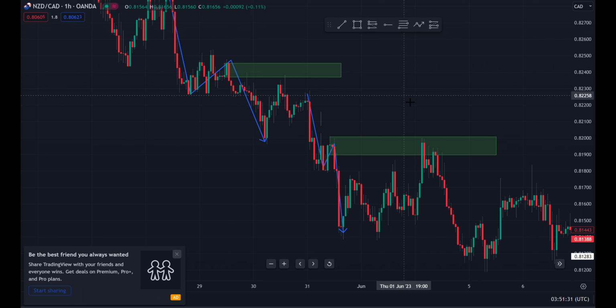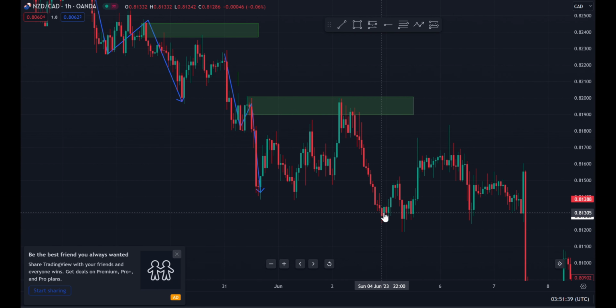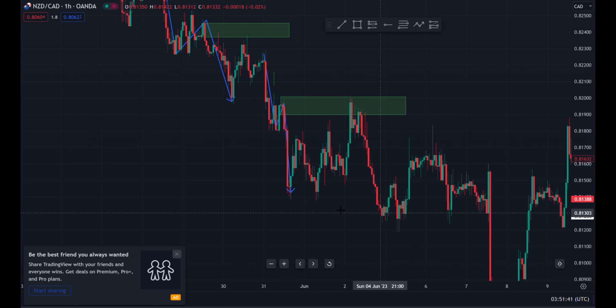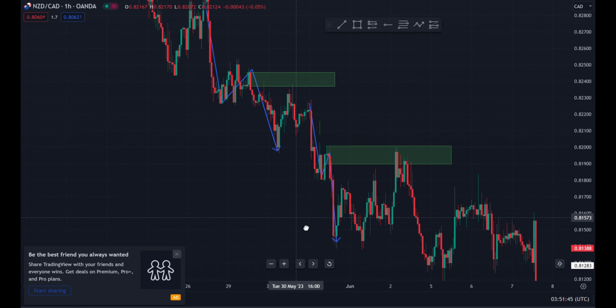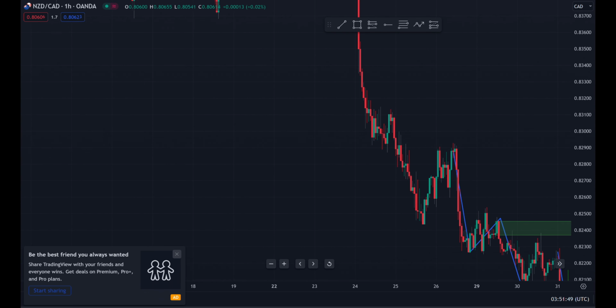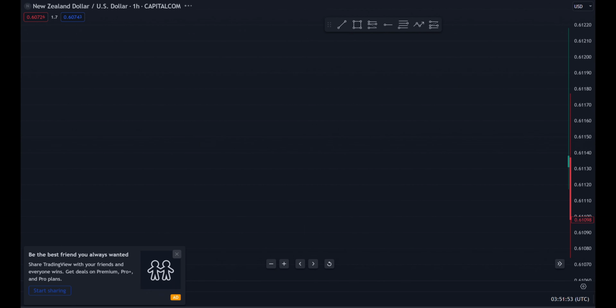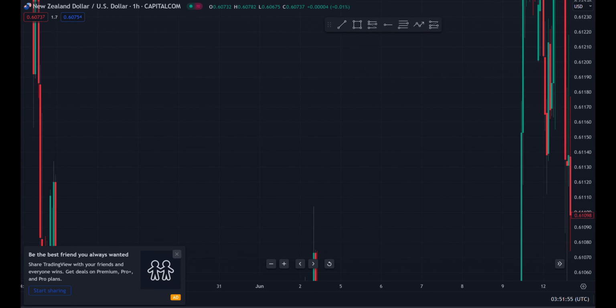So let's move to the second or the third drop. Let's look for another drop base drop setup and we move on to another chart pattern. Okay, let's look for another one. Let's look for it on another currency.